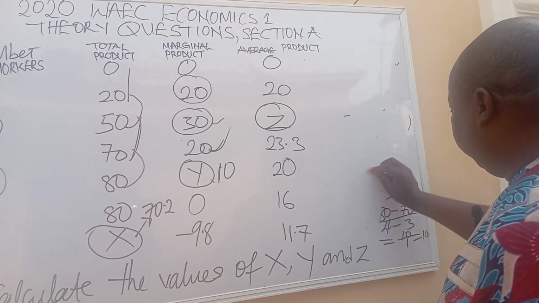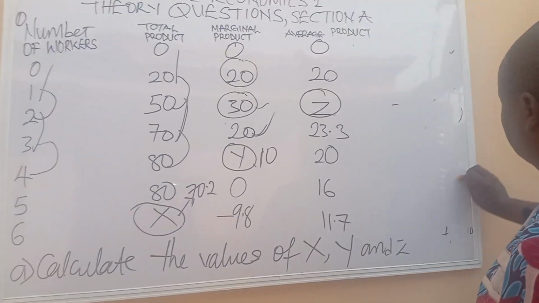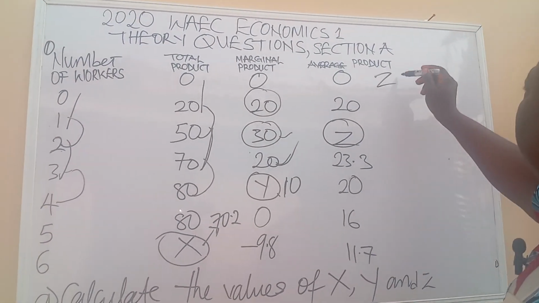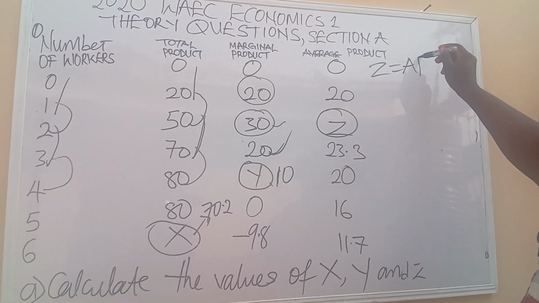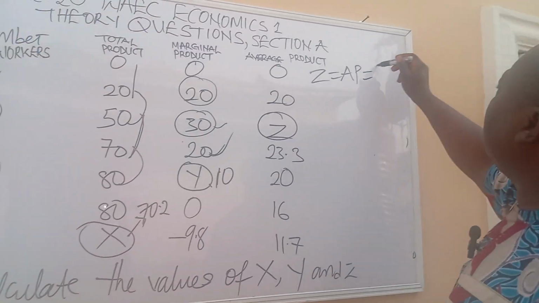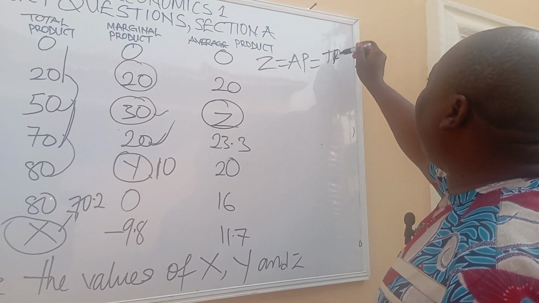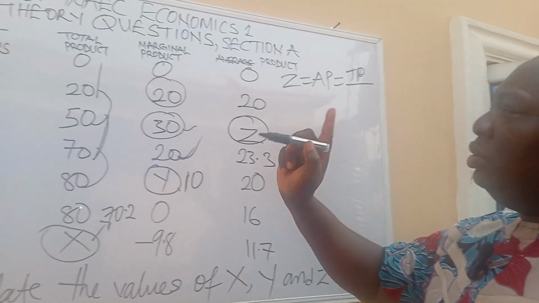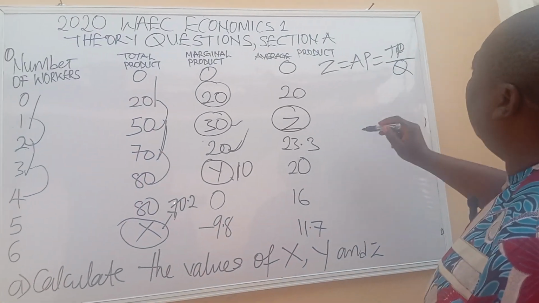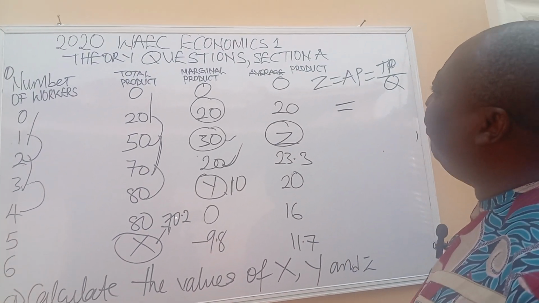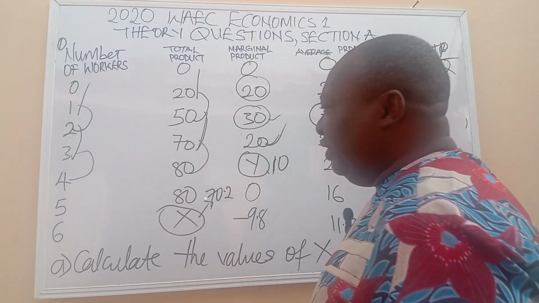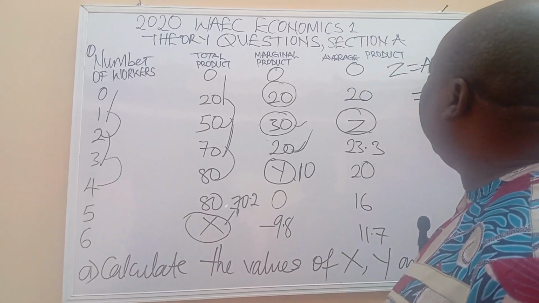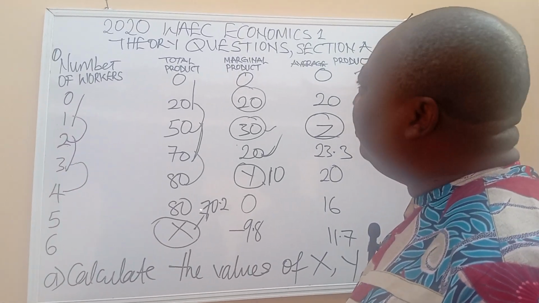To get Z, which is average product, the formula is total product divided by output, that is, number of workers. It is the same thing as average cost.